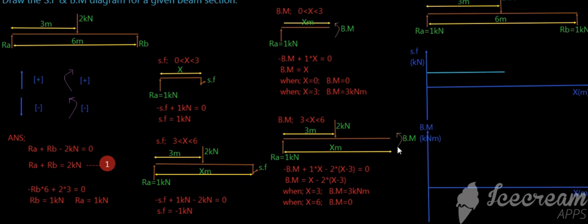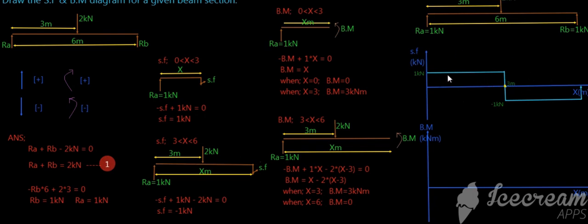So I can draw like this. This area and this area should be the same. Here 1 kilonewton, here minus 1 kilonewton, and this point is 3 meter on the beam. Here we have drawn the shear force diagram.